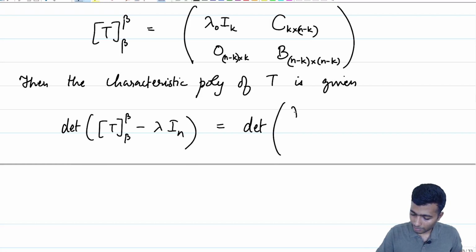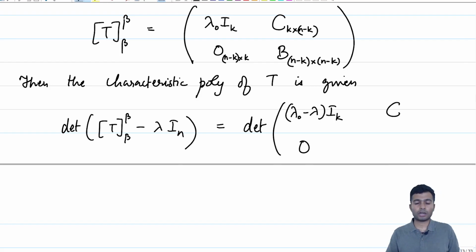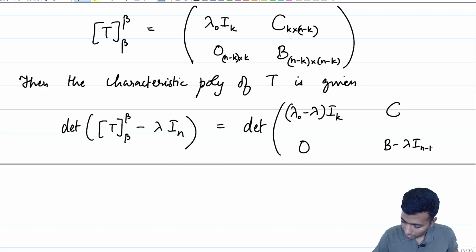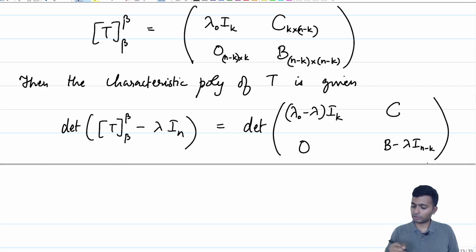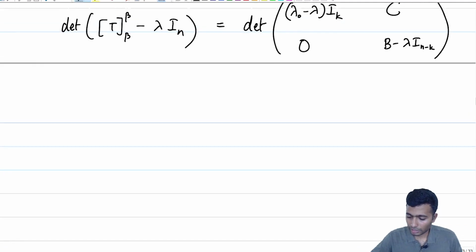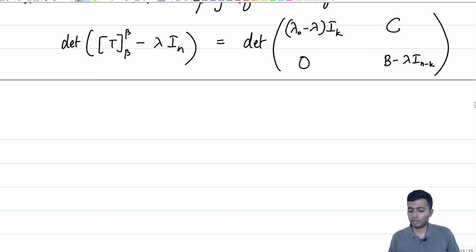T beta beta minus lambda times I_n, which will just turn out to be equal to the determinant of the matrix lambda naught minus lambda times I_k. The 0 and the C are untouched, and there will be a B minus lambda times I_{n-k}. This is precisely how the characteristic polynomial will behave.